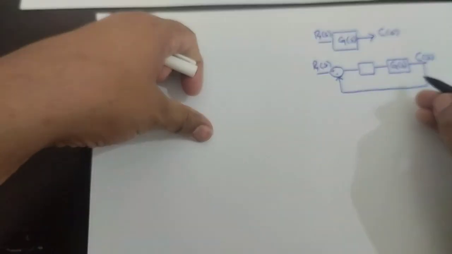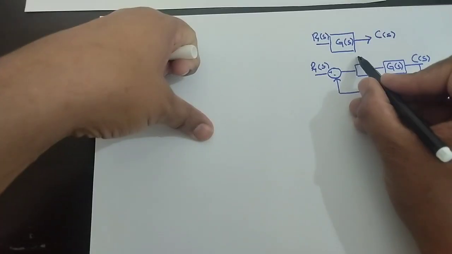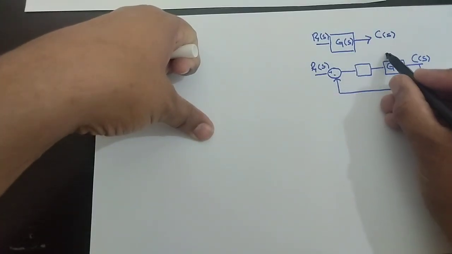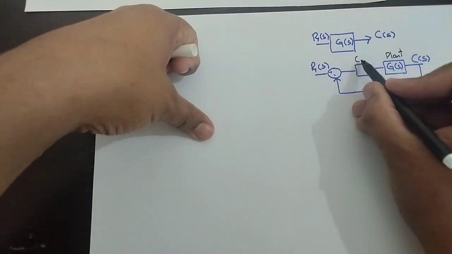So for the sake of illustration, we name it for the time being. This is your plant transfer function and this is your controller transfer function.